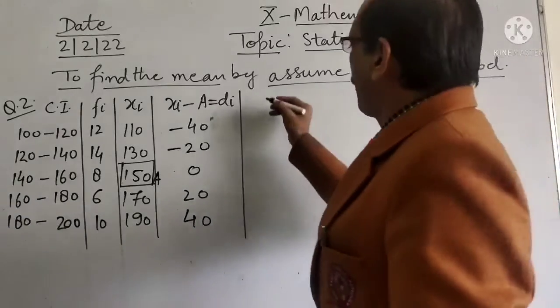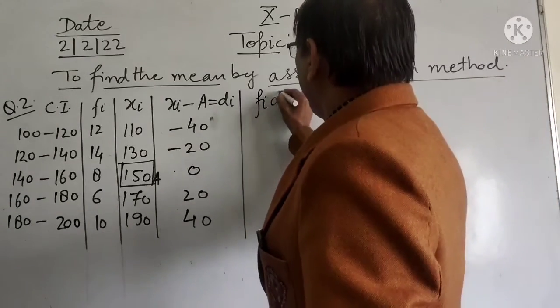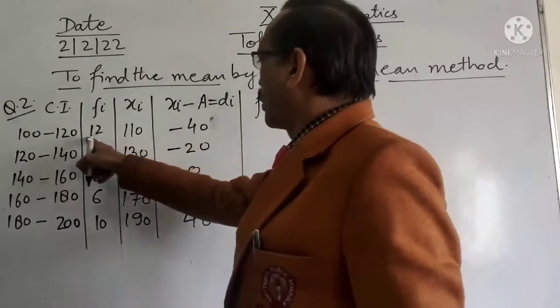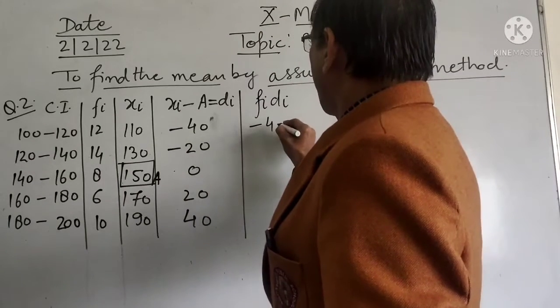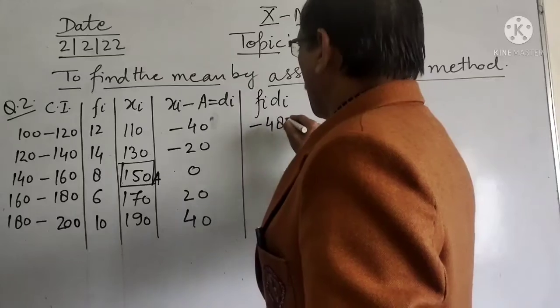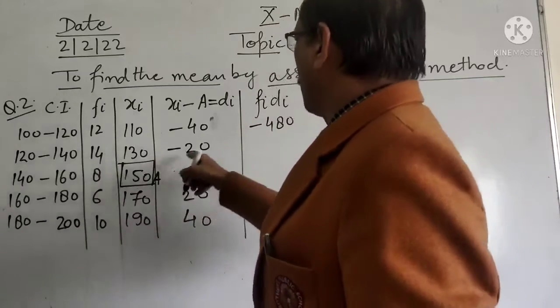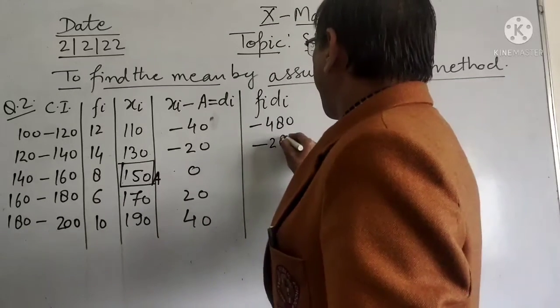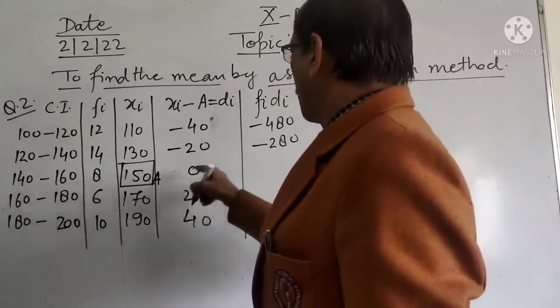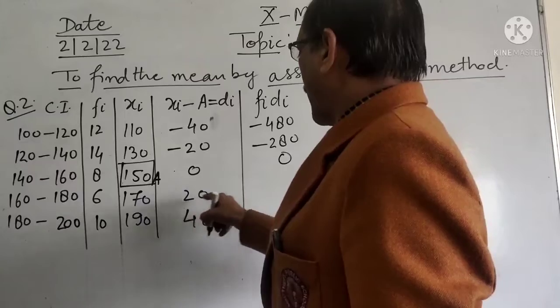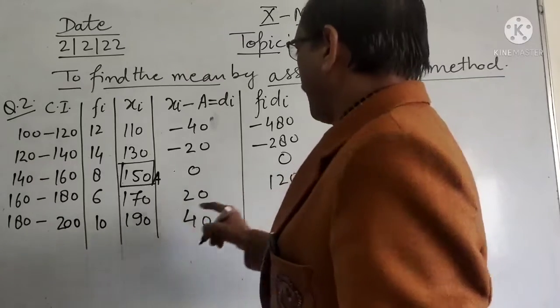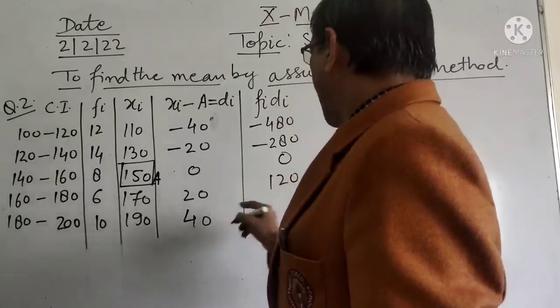Then Fi Di: 12 times 4 is 48, so minus 480. 14 times 2 is 28, so minus 280. 8 into 0 is 0. 6 into 20 is 120. 10 into 40 is 400.